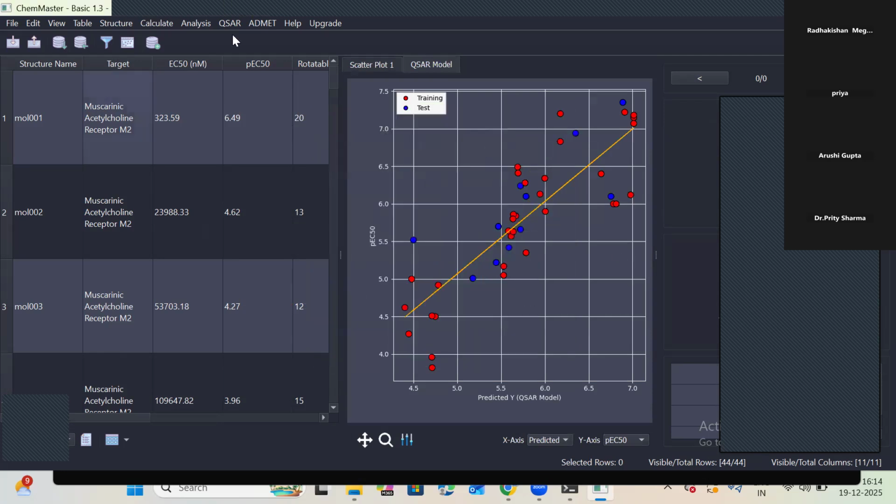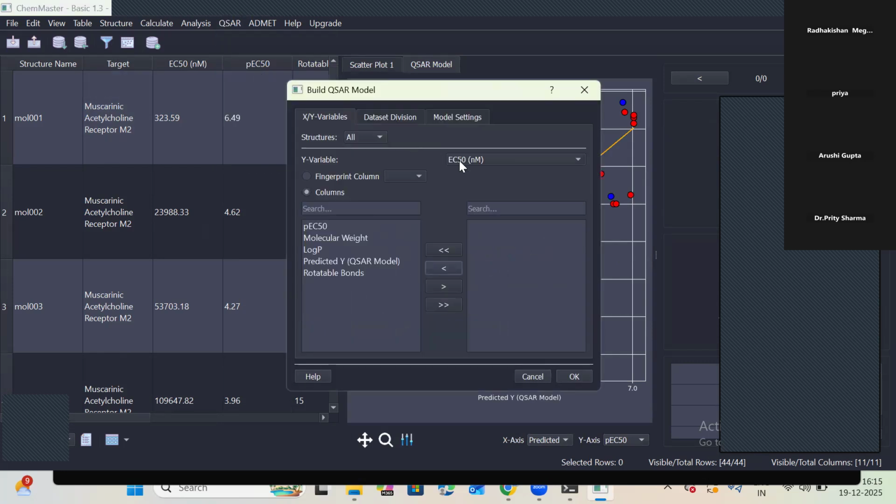Before that, we want to add some things in build model. So again, we click build models, pEC50, and select molecular weight, log P, rotatable bonds.